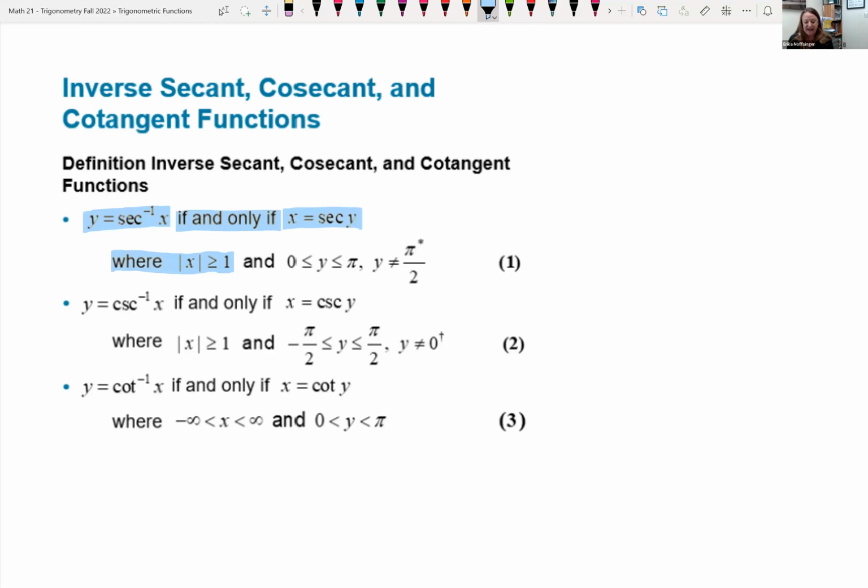And so that is saying x is either greater than or equal to 1, or x is less than or equal to -1. And our y value is between 0 and pi. We have to be careful because secant of x is 1 over cosine of x, and cosine of x is equal to 0 at pi halves. So we have to say that y doesn't equal pi halves.